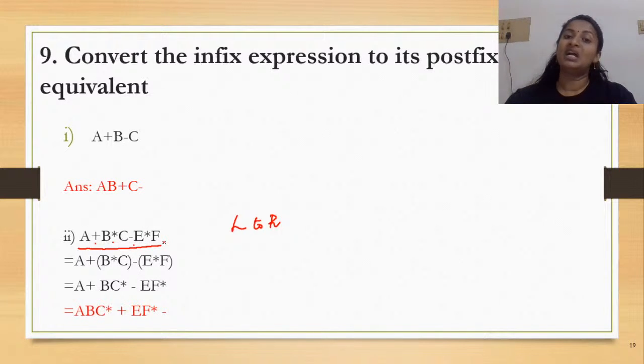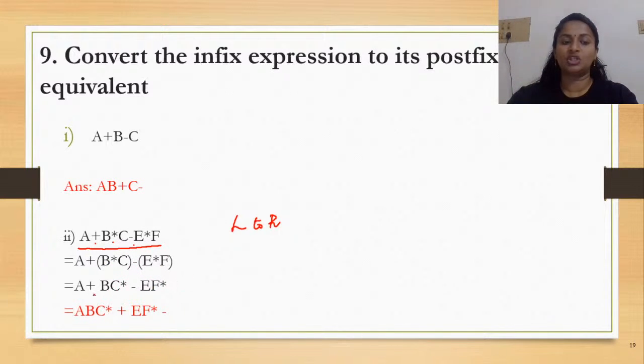So, we know that multiplication has to be given higher priority than addition or subtraction. So, what did I do? I introduced parenthesis just to indicate that this is the one that has to be converted first, right? So, B asterisk C in parenthesis as well as E asterisk F again in parenthesis. Now this would be the one that would be converted first.